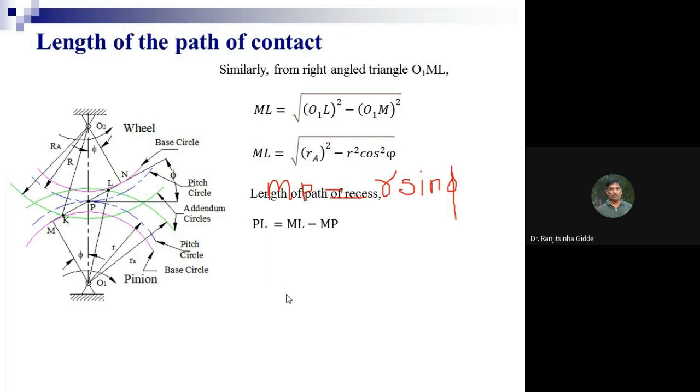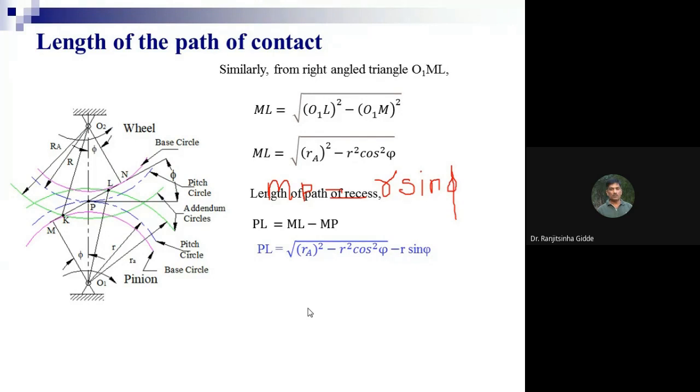Then write down the value of this PL is equal to ML minus MP. This is length of path of recess.